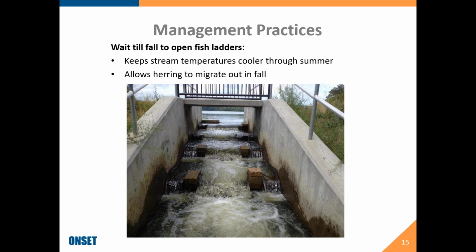So what did they try to do about keeping those water temperatures down? Well, one of the things that they found that they could do is wait until the fall to open up the fish ladders.